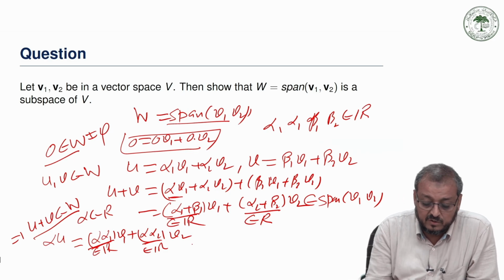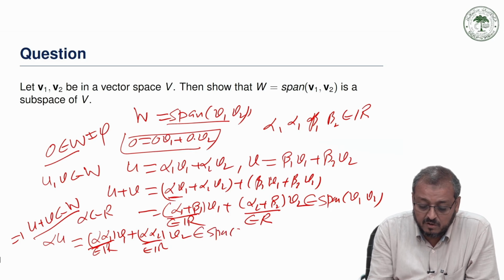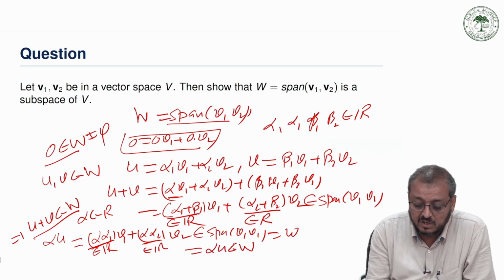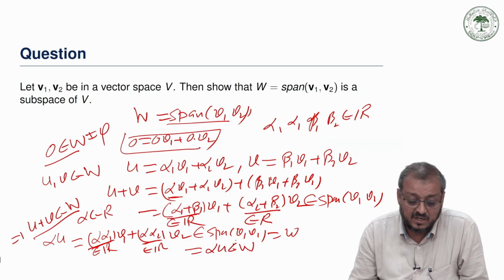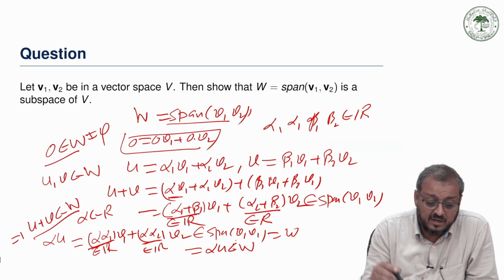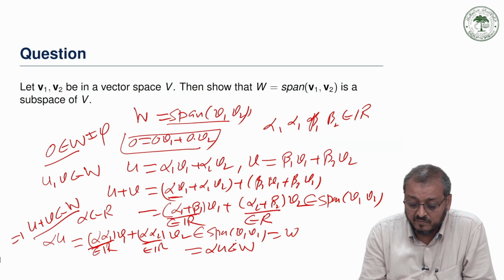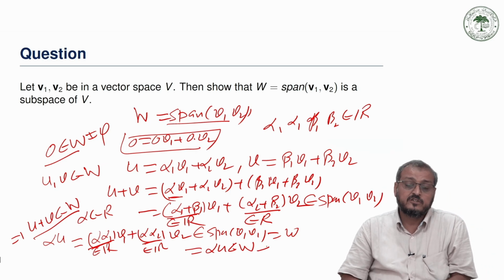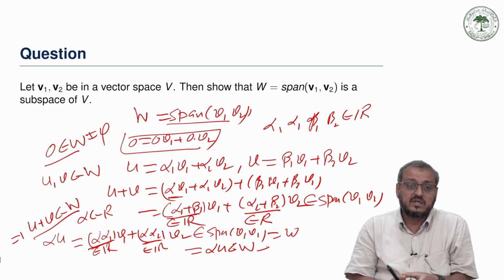So it is again a finite linear combination, again in the span of v1 and v2, which is W. So alpha u also belongs to W. That means the set is closed under addition and under scalar multiplication. So W, spanned by v1 and v2, is a subspace of the vector space V.